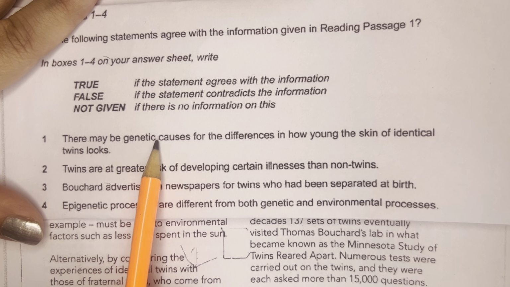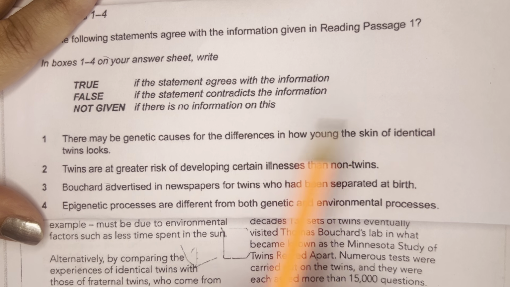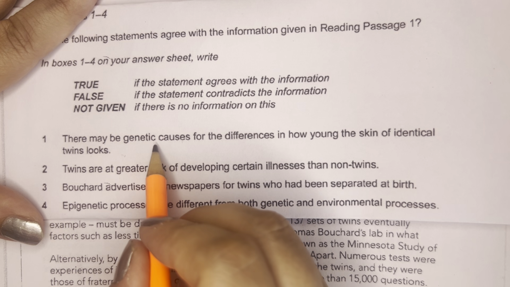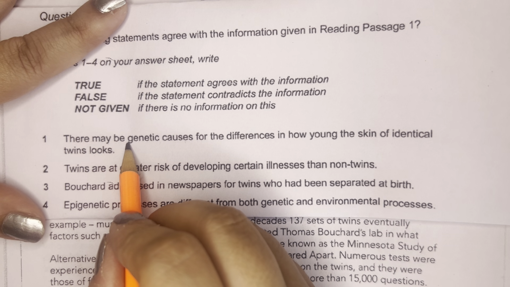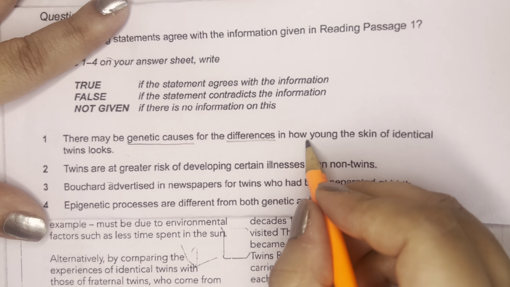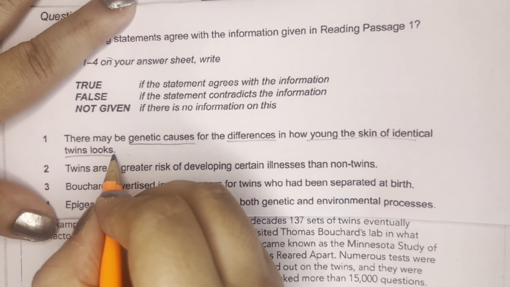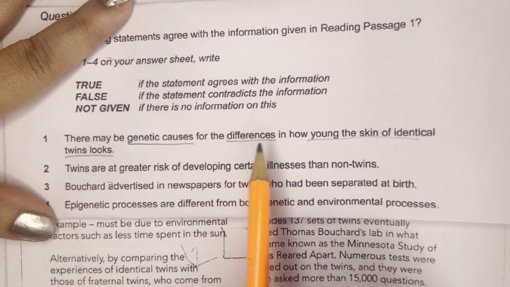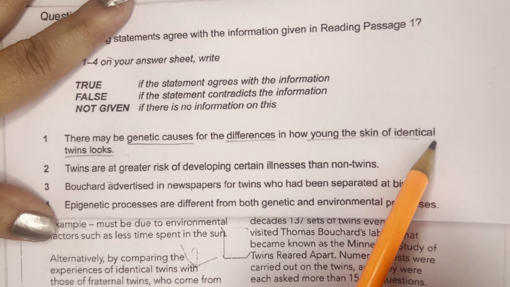There may be genetic causes for the differences in how young the skin of identical twins looks. So basically, firstly we have to mark the keywords so that we can find the location. We have to find the genetic causes for the difference between the skin of identical twins.